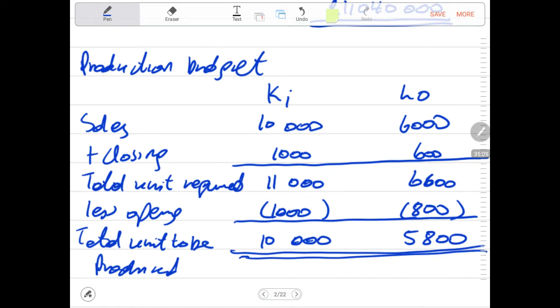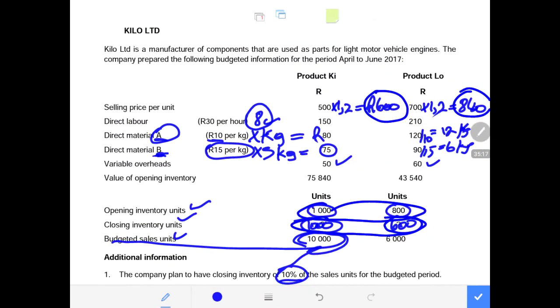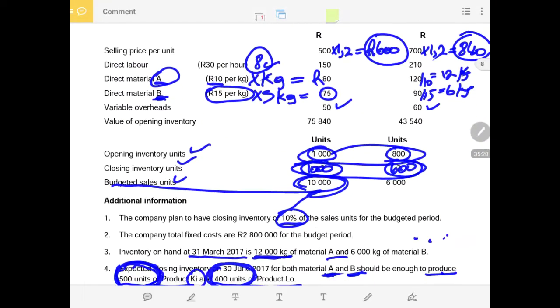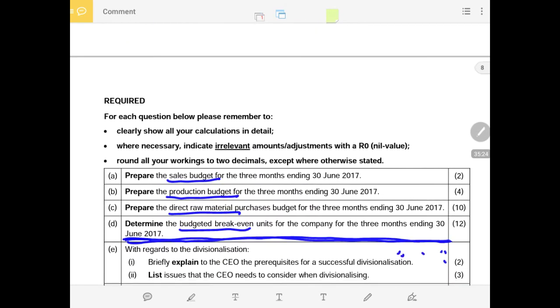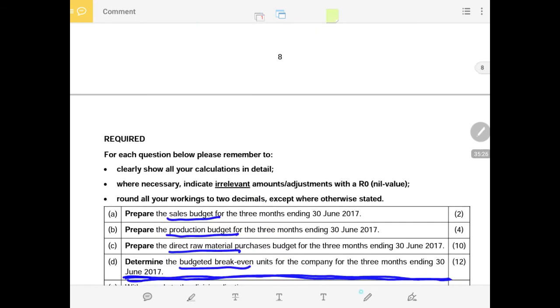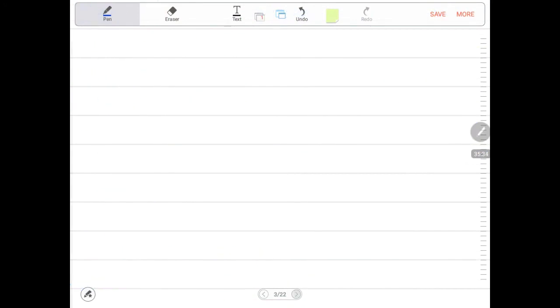Now we then do this next budget, and the next budget that was required, we had sales, production and material budget. Sales is done, production is done, then we come now to the material purchase budget, then after break-even point. Then let's go to the material purchase budget.